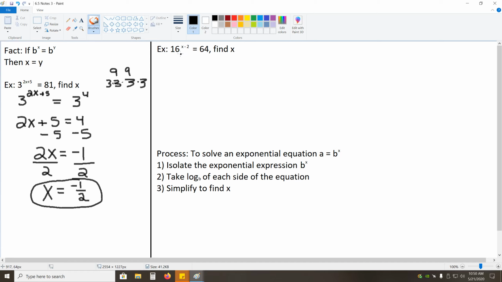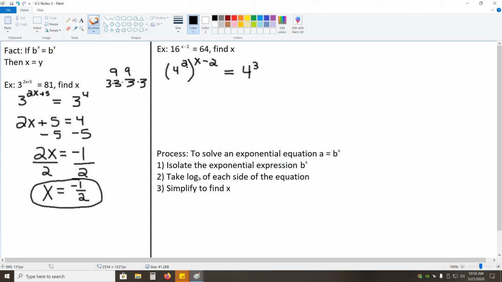So we're going to go ahead and use 4 as our base. So we're going to rewrite 16 as 4 squared, and that's being raised to the x minus 2, and that's equal to 64, which is 4 to the 3rd.